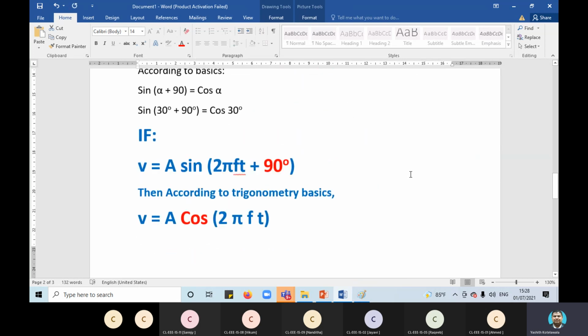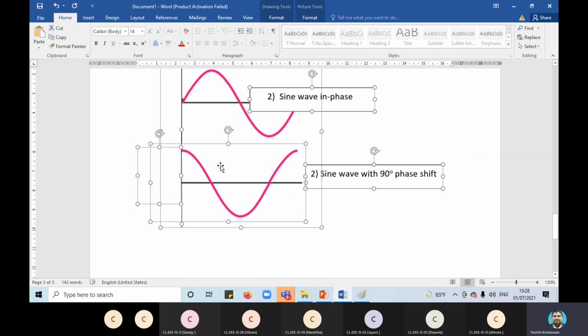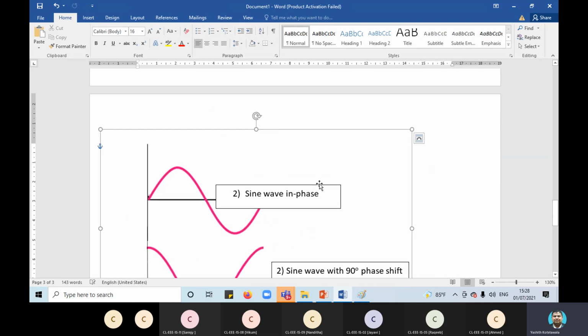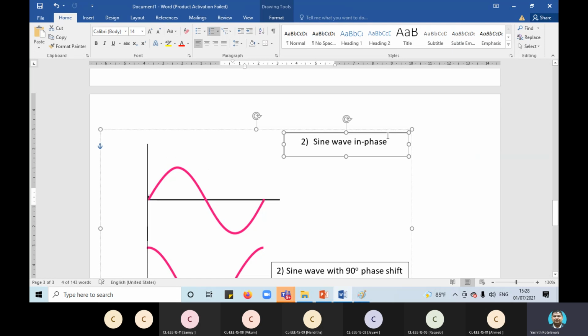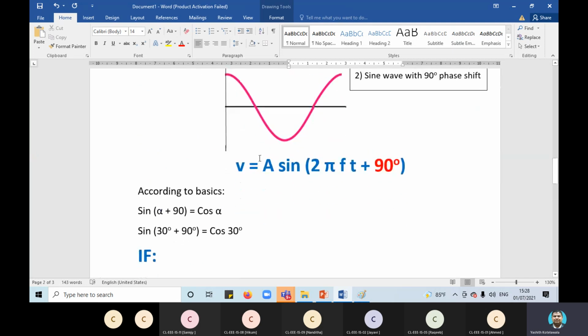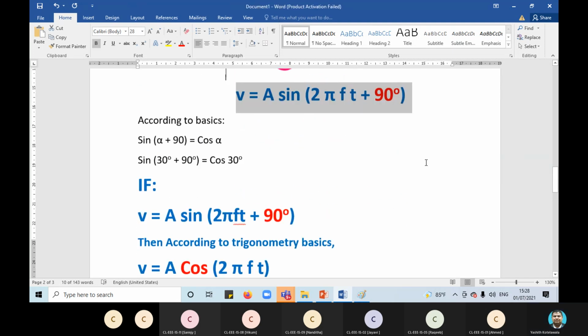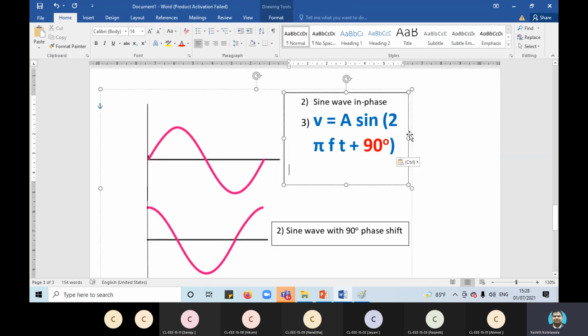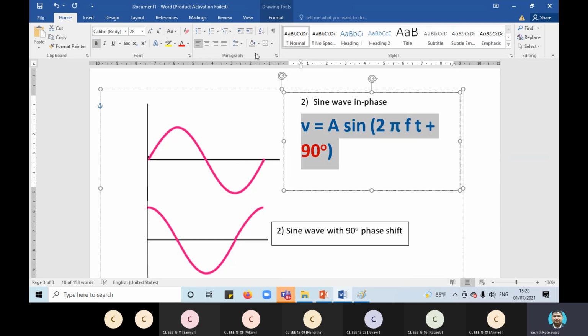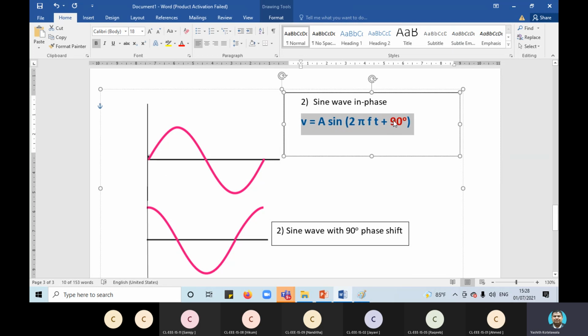Sine wave in phase is this. Sine wave in phase is equal to plus 0 degrees.